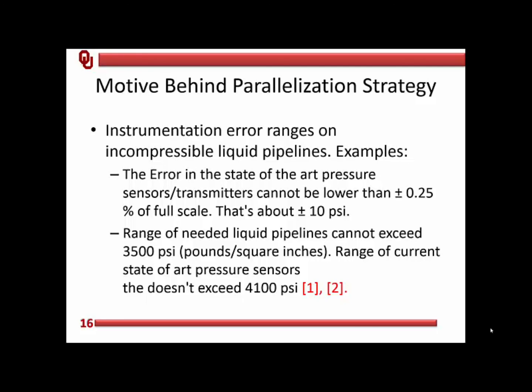So that can reach up to plus or minus 10 psi out of a value that's 4,000 or 3,000. Or actually, most of the pressures we see in the industry are not more than 1,500 psi. So we need a tailored solution that meets the industry needs.